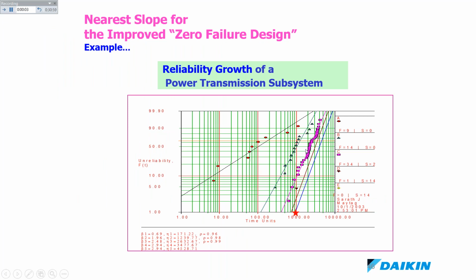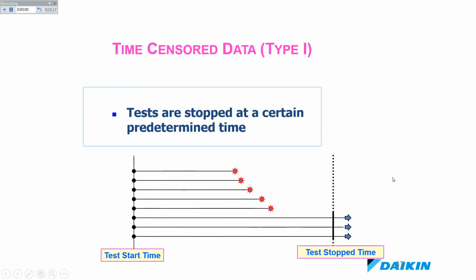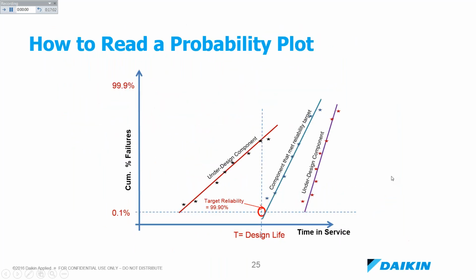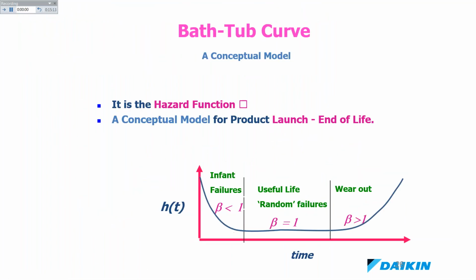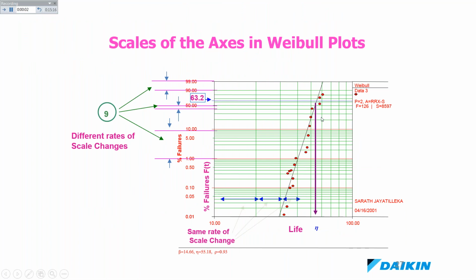I can show some examples using failure data in different papers. Give me a second. That one. So this is actually field data, and you can see a massive sample size in the field, and only 126 failures. And we use that data to predict the design life, analyzing the field data.